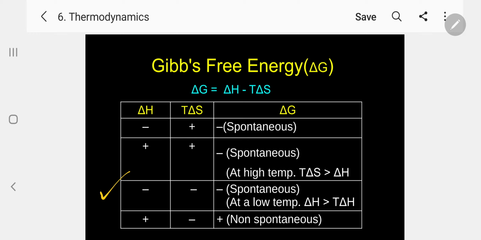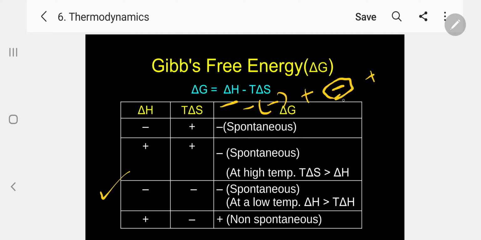Let us assume delta H is negative and delta S is also negative. So minus into minus is plus. So it is minus plus value. If delta H is greater in magnitude, spontaneous. If it is lesser, non-spontaneous.